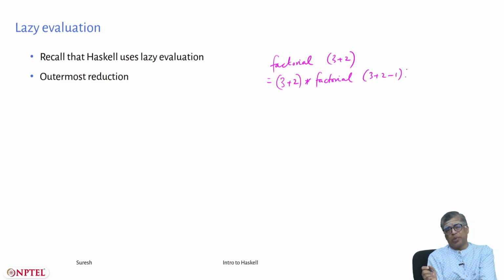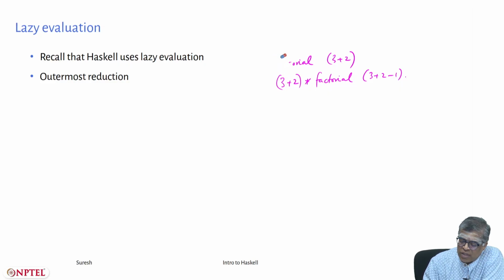Actually, this is a bad example, because factorial depends on whether the argument is 0 or not. That determines which rule will be fired. So it has to actually reduce 3 plus 2 down to a number. But I'm sure there are examples where you can, a better example is this.